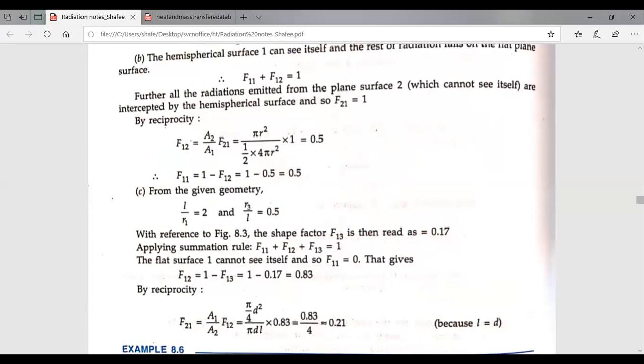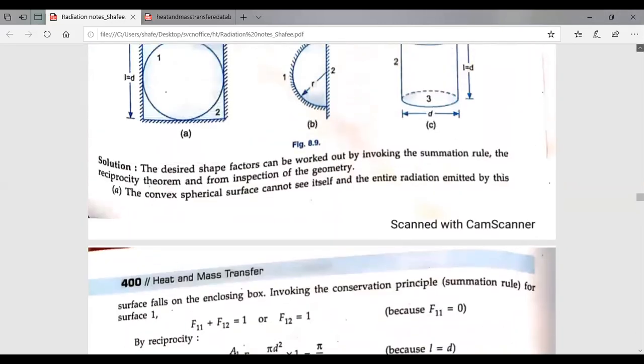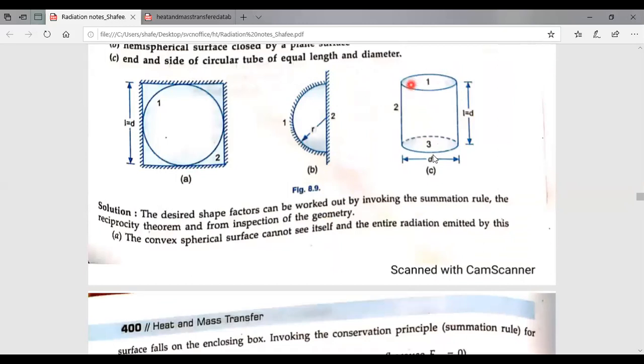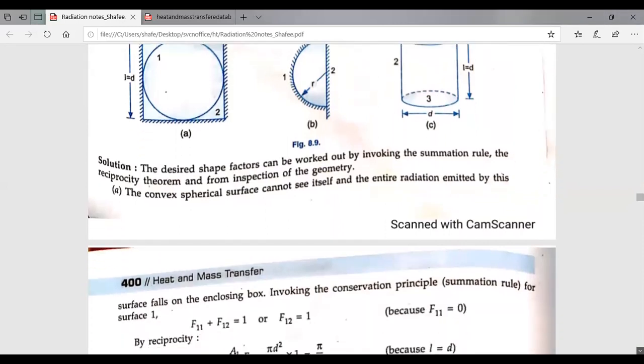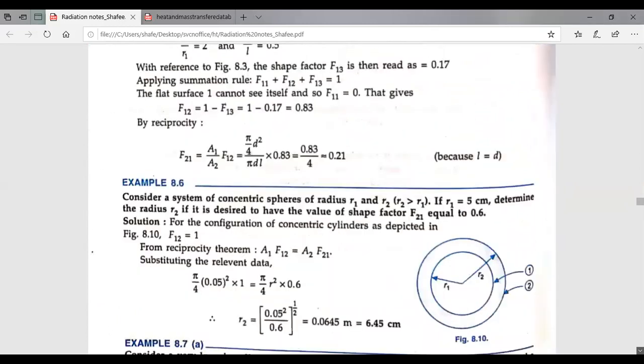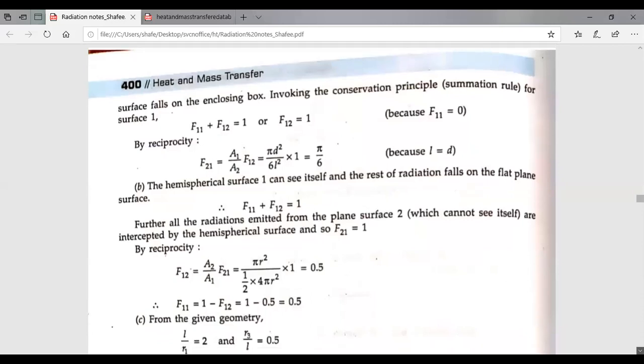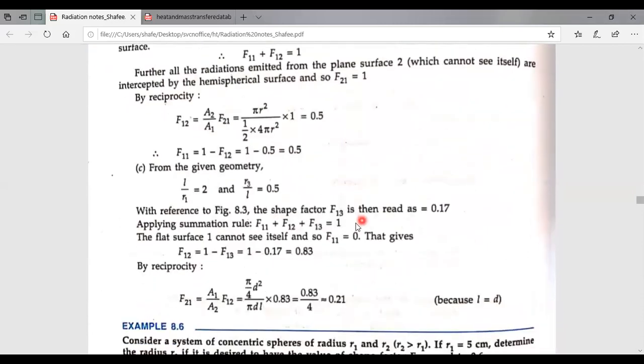So 1 to 3 is nothing but two coaxial disks. Now I use that particular coaxial disk chart and find out the value of the shape factor. From the chart, that value is 0.17.